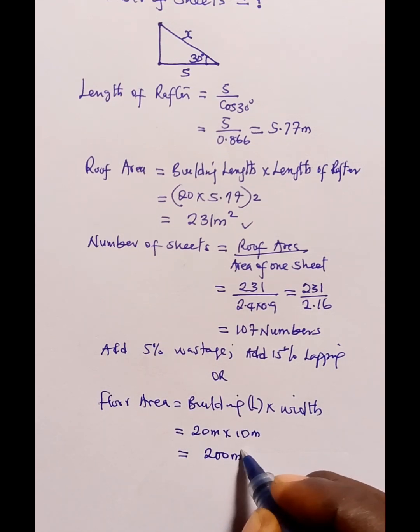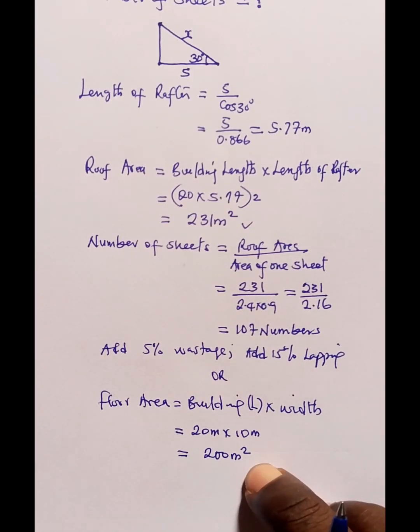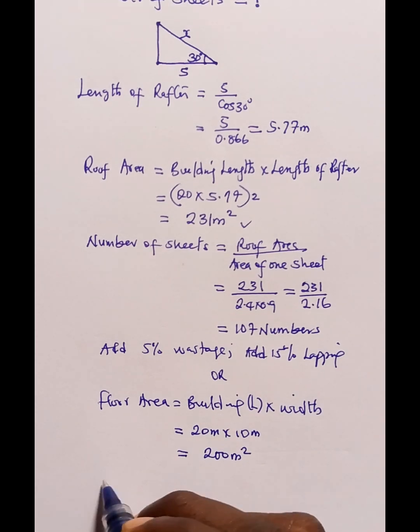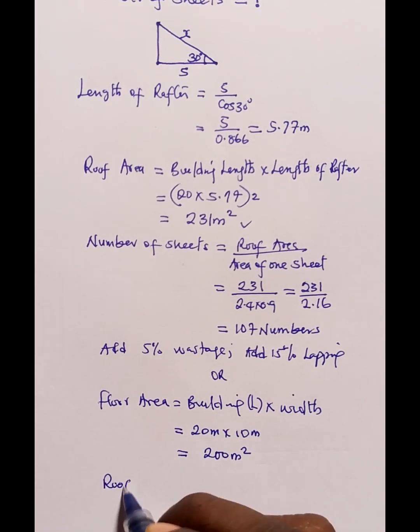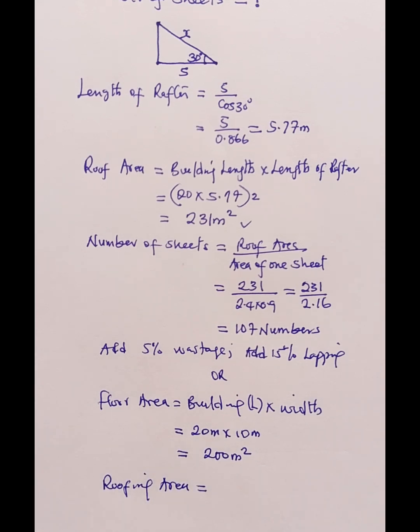200 square meters. So having gotten this floor area, for us to get the roofing area, this is what you need to do. This method is faster. I'm calculating the roofing area using floor area.